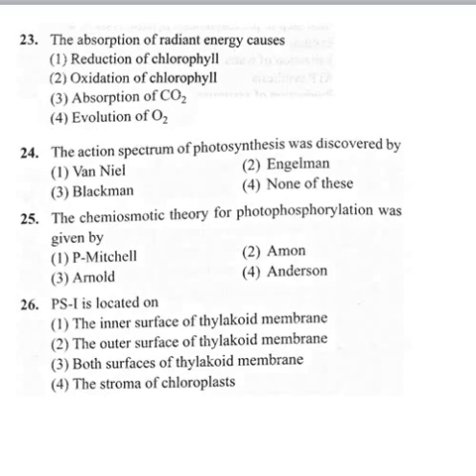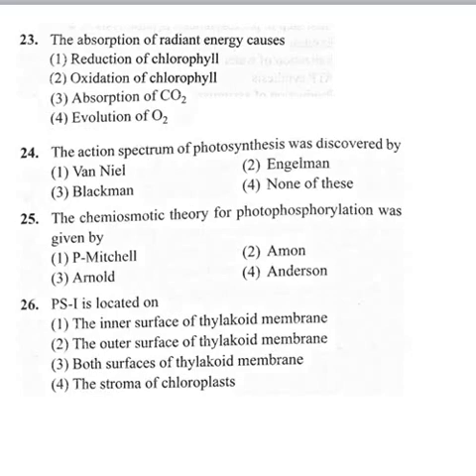Next, coming to the 25th bit, the chemiosmotic theory for photophosphorylation was given by option 1 Peter Mitchell, option 2 Arnon, option 3 Arnold, option 4 Anderson. You know that chemiosmotic theory for photophosphorylation was proposed by Peter Mitchell. For that he got the Nobel Prize.